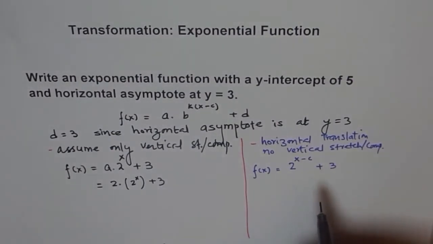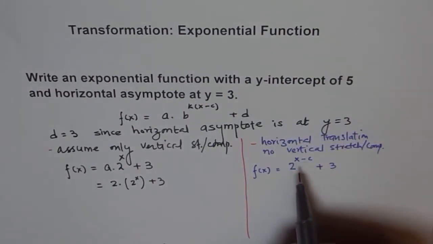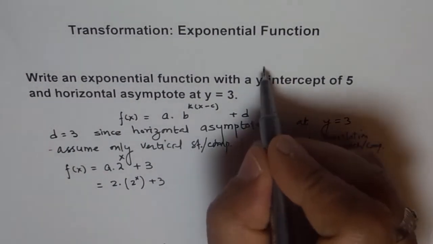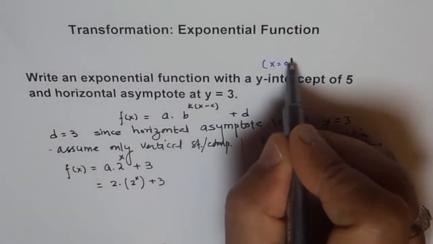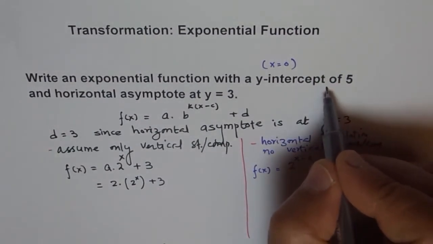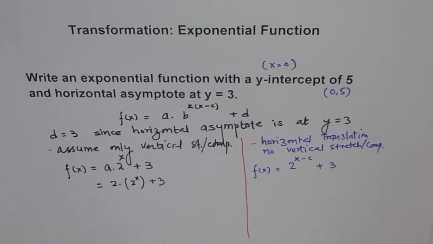Now, we want a y-intercept of 5. The y-intercept is at x equals 0, so the coordinate here is (0, 5).